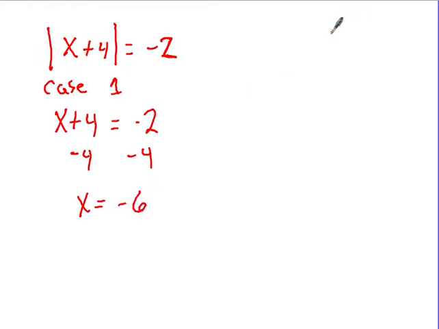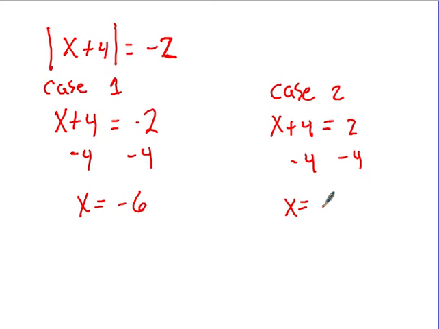Okay, and then case 2 would be x plus 4 equals, so we just change the sign then? Change it to positive 2? Okay, so subtract 4, x equals negative 2.